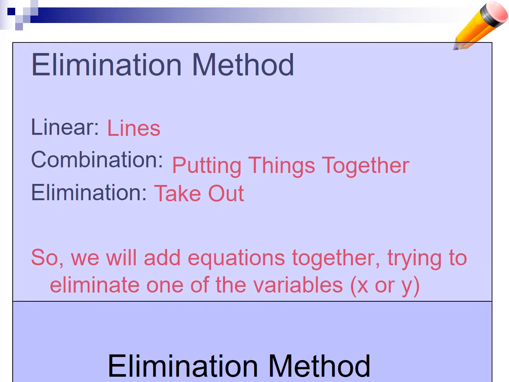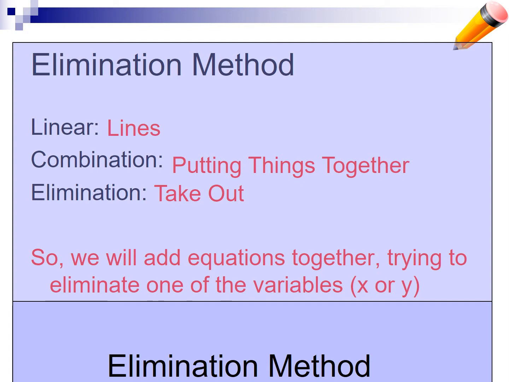So we need to first define three words in order to understand the elimination method. This is the top part of your foldable under the elimination method tab in that blue foldable. Linear just means lines, combination means putting things together, and elimination means to take out.